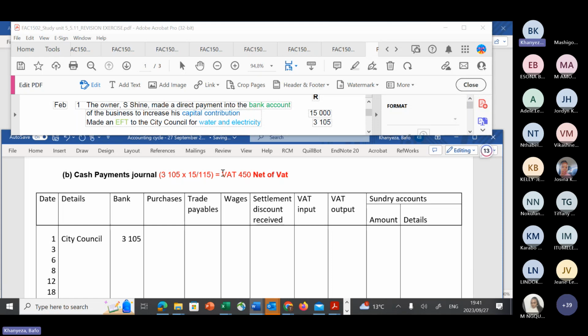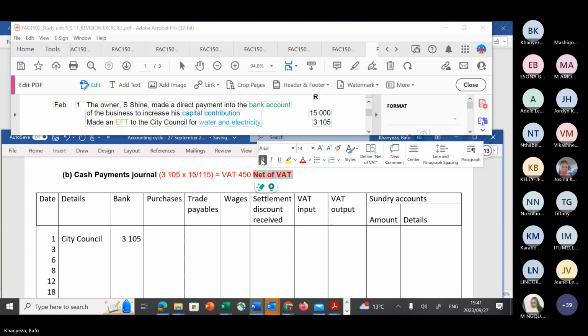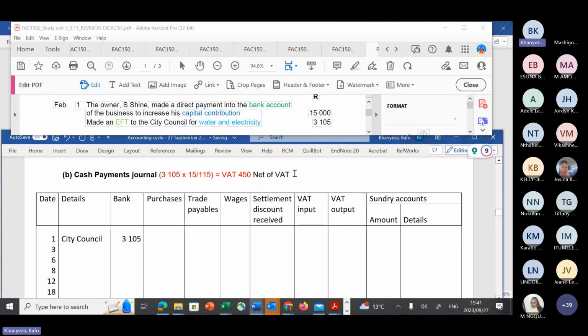I'll be a little slow as we are starting so that you can catch up. For the net of VAT, I'll use the easy route first: 3,105 minus 405, which is 2,700.